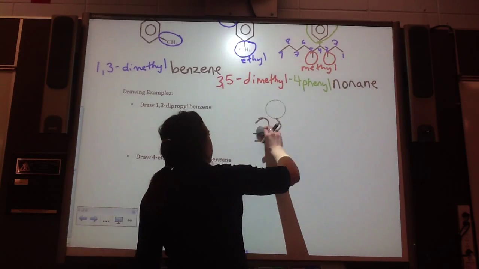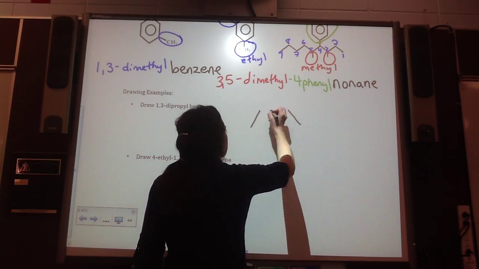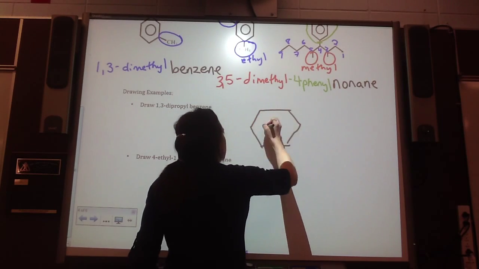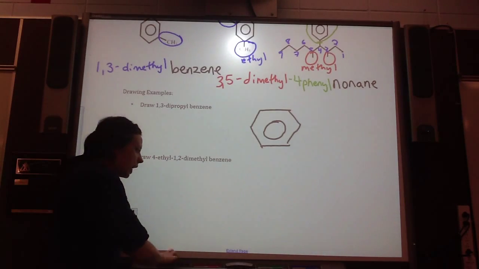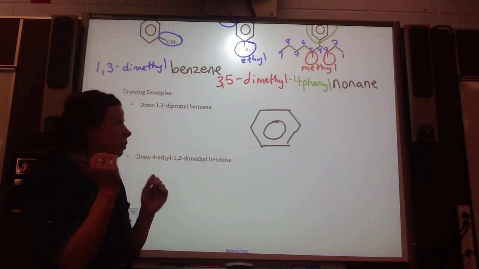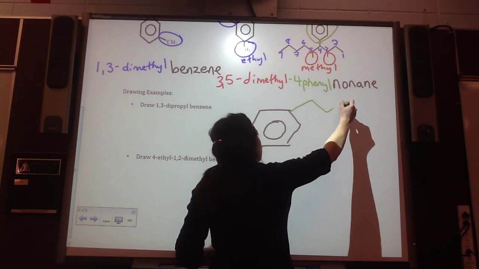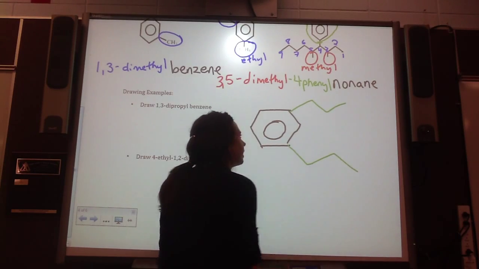That's really badly drawn. Okay, so here, here, here. Okay, so that's a benzene. It's kind of awkward. Now 1 and 3 are propyls. Doesn't matter which carbon you pick to be your 1, but say I'm going to pick this one. So 1, 2, 3, and 1, 2, 3.